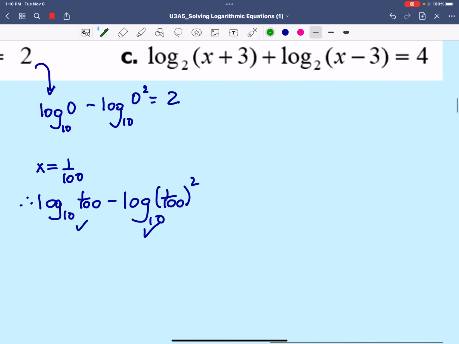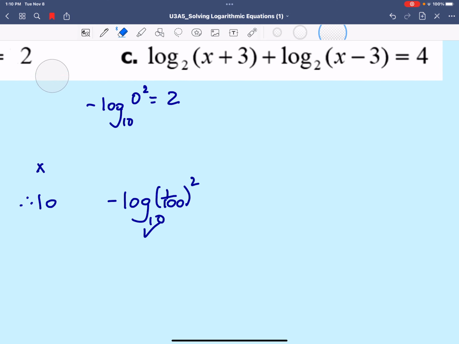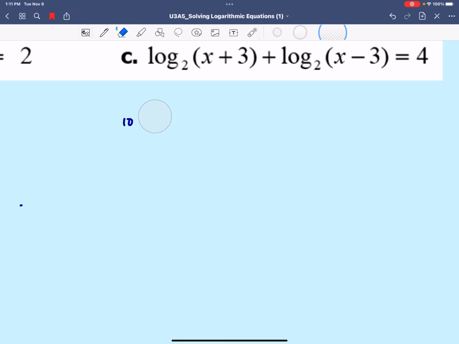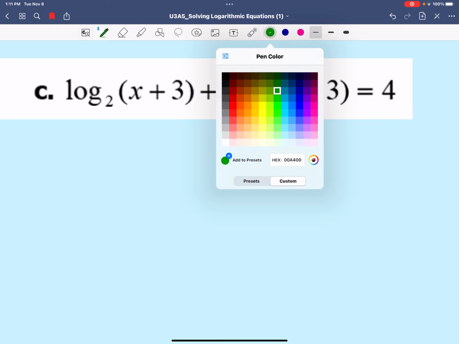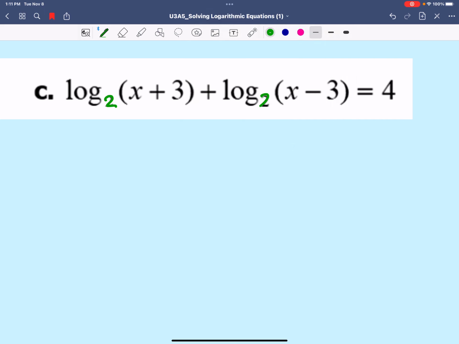Let's move on to another example. So this time we have log with base 2 of x plus 3 plus log with base 2 of x minus 3 equals 4. So let's get started. So again, inspect the bases. So we have base of 2, and then we have just a number on the other side.